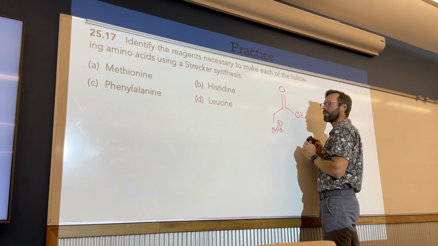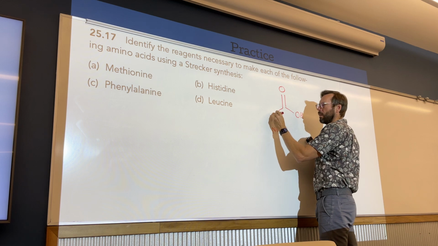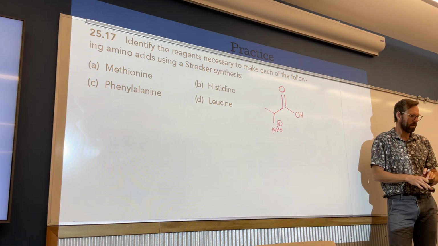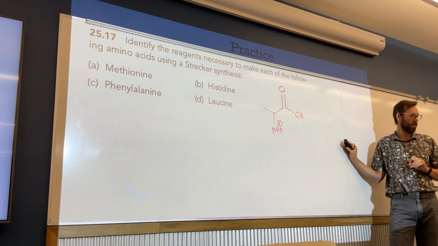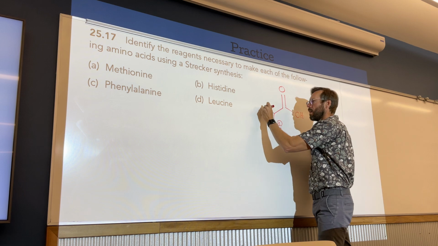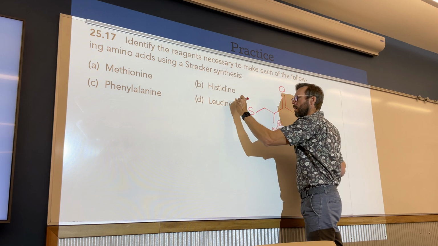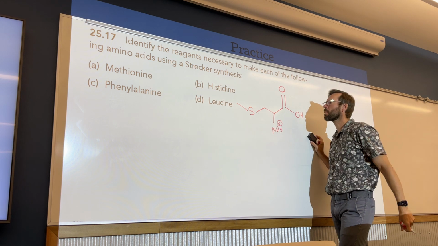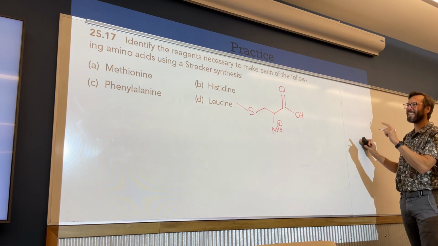So, what else do we have for methionine? What's the R group? I'm trying to remember. It's 2 carbons, then a sulfur, and then a methyl group. Yeah. So that's what we're trying to get to.